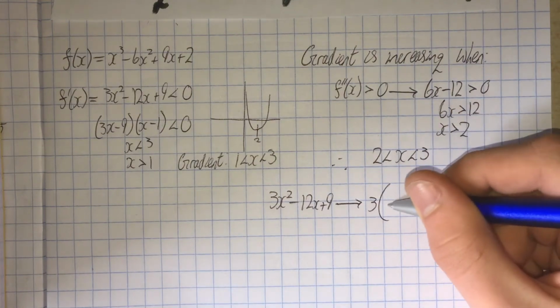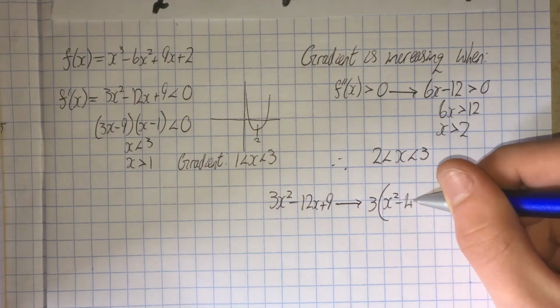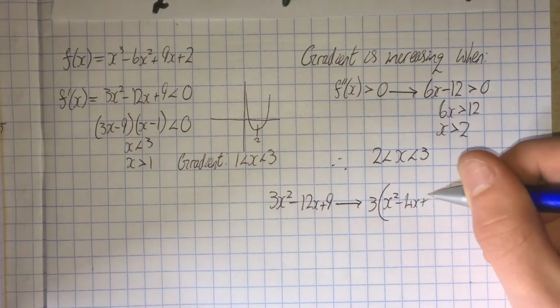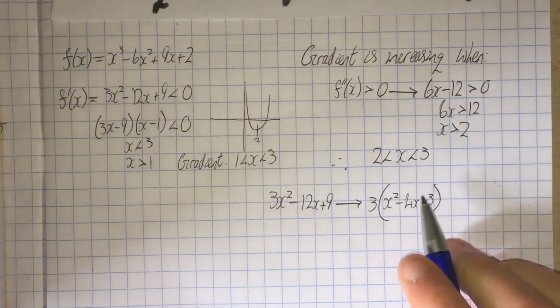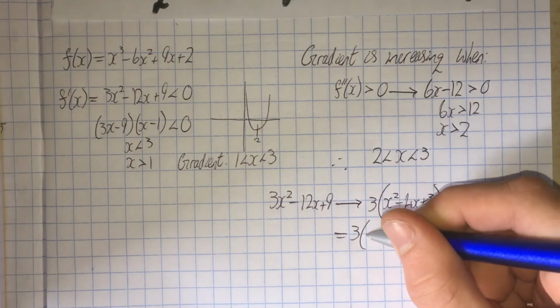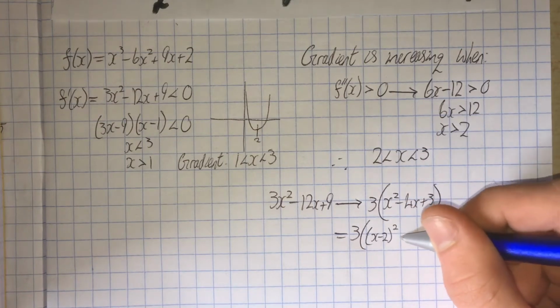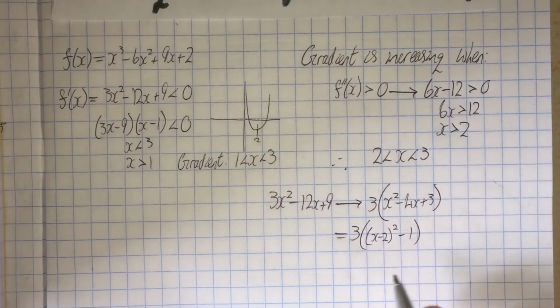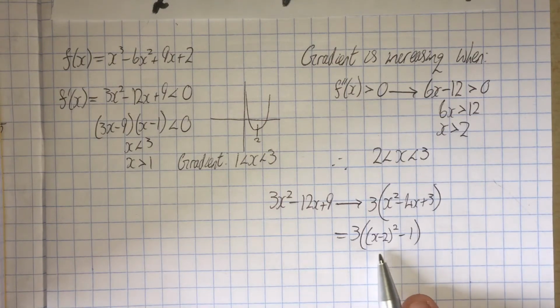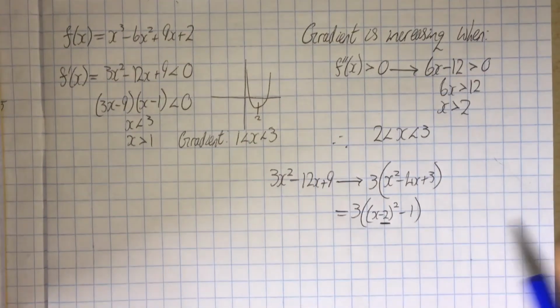And then that will leave us with x squared minus 4x plus 3. Then we can start completing the square on it. So that equals 3, another bracket, x minus 2 squared minus 1. Which means the turning point of this is 2, minus 3. So that's where our 2 came from.